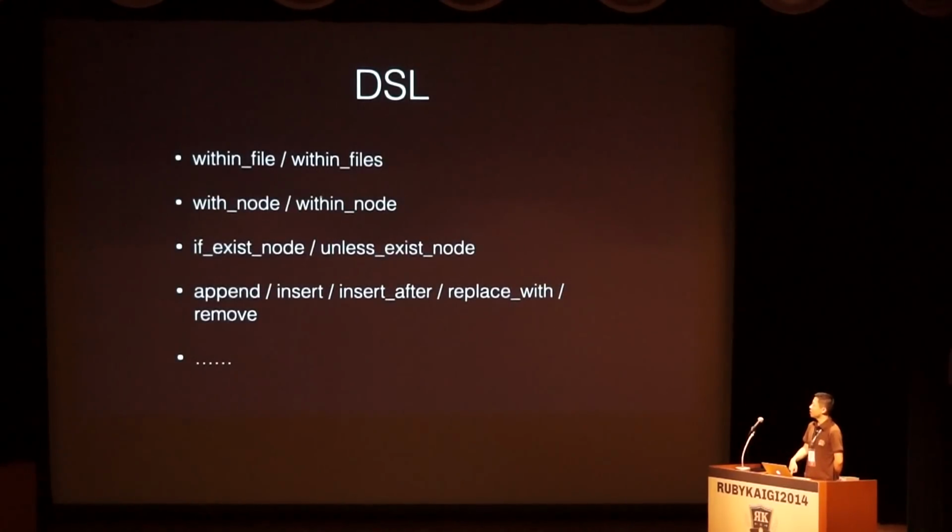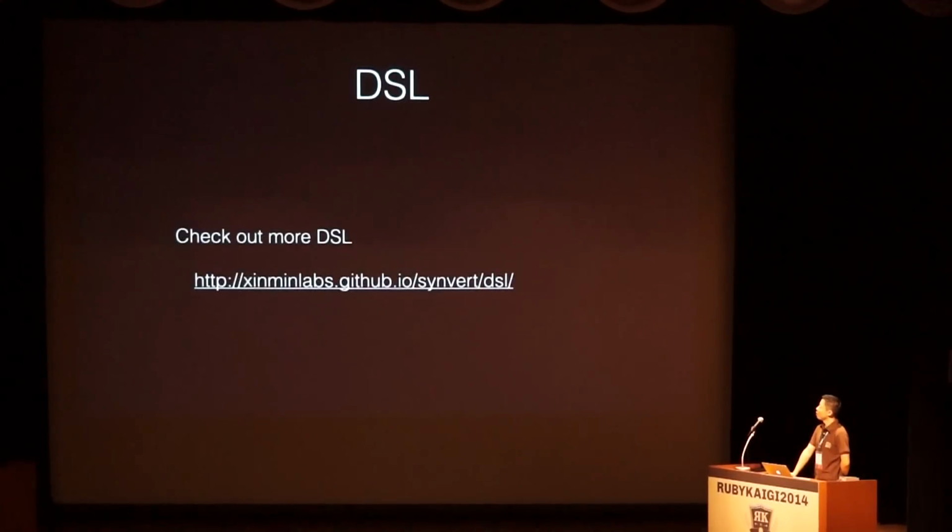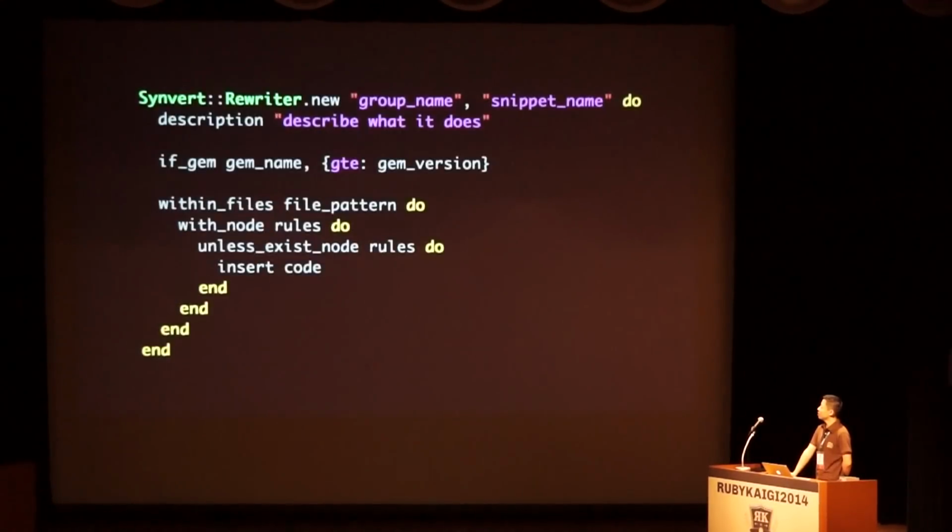There's also if exists node and unless exists node, which add conditions, so only if the condition is met will it continue. You can also use append, insert, after, replace and remove to add, replace and remove your source code. And there are many other DSLs, so you can check out more on our documentation website.